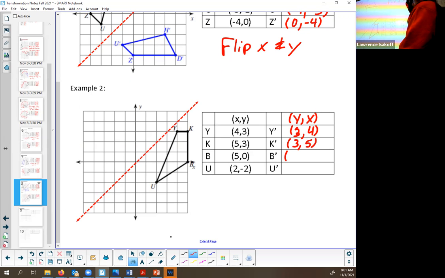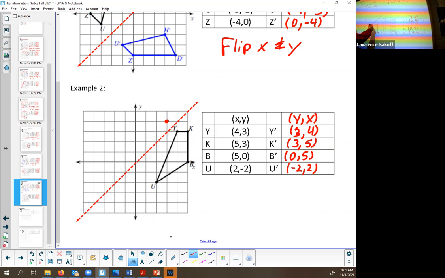Next one. 0, 5, and the last one. -2, 2. So when we plot these points, you should see this flipped over here. The closer it is to the line, we should see it close here. The further away it is, the further away we should see it over here. So 3, 4 would be over here, 3, 5, 0, 5, and -2, 2.